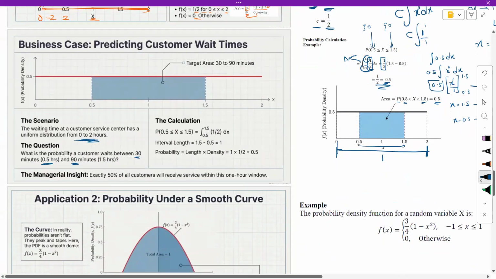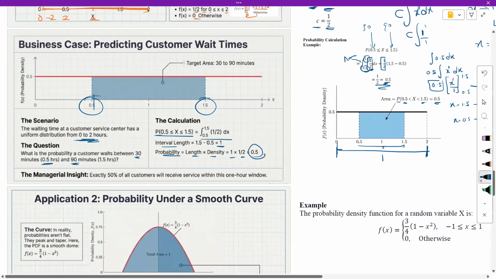Here, the target area is this 30 to 90 minutes. The calculation, the probability from 0.5 to 1.5. So we use this formula. The interval length is 1. The probability is the length times density: the length here 1, density 0.5.